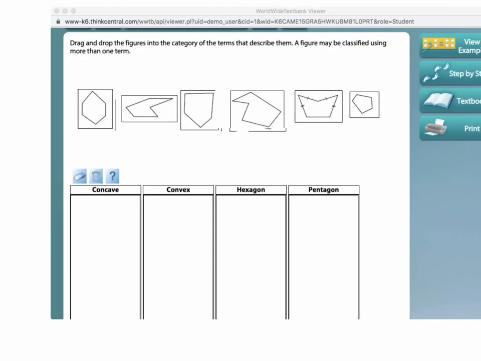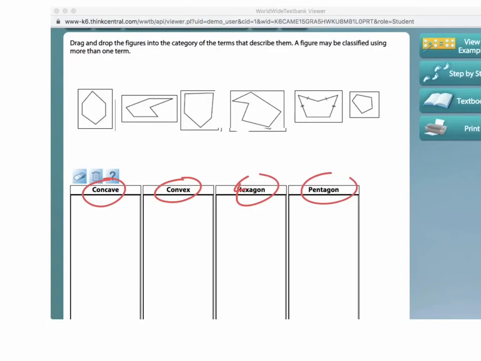We're going to be categorizing some of these shapes here based off their attributes. So first off, we want to know if they're either concave or convex, and then are they a hexagon or a pentagon. So first, let's remember what a concave shape is. A cave shape goes inside. You connect 2 points of that shape by going outside of the shape.